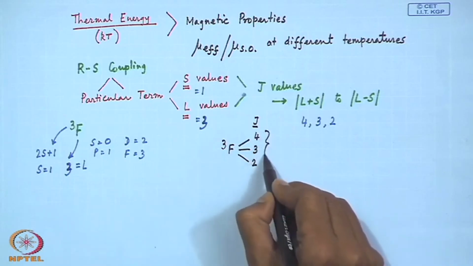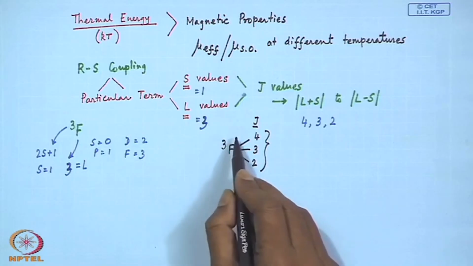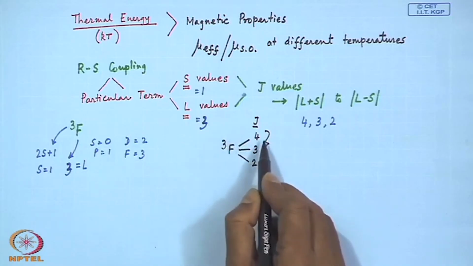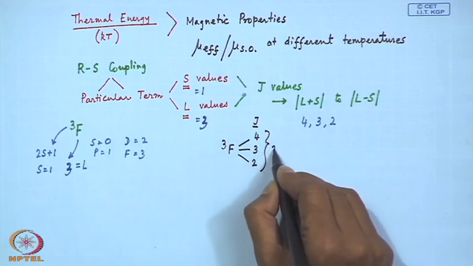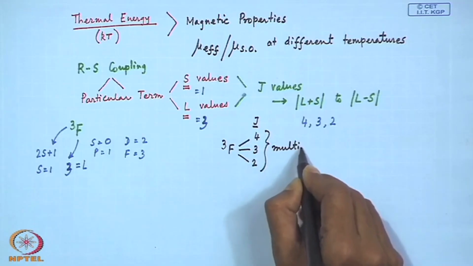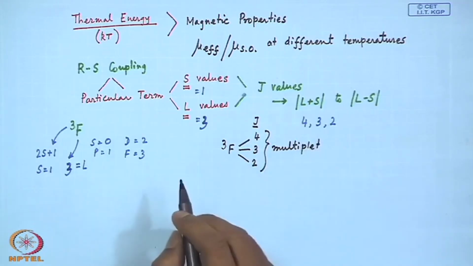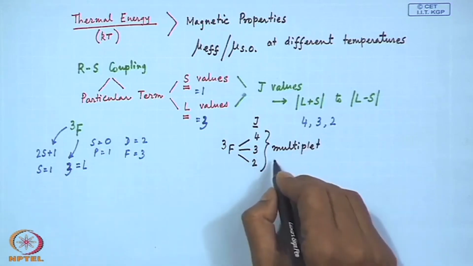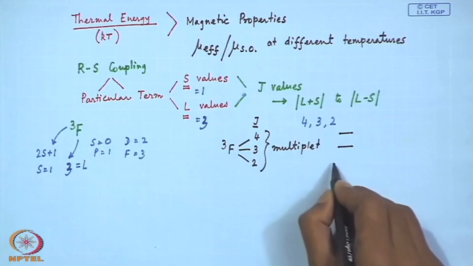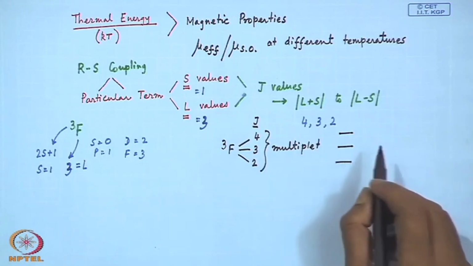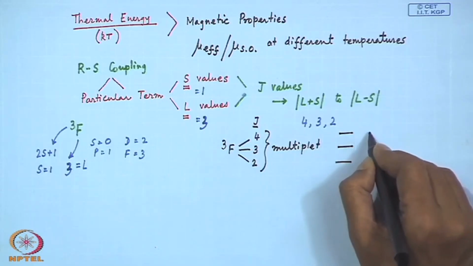When these 3 levels belong to this 3F term and there is no such splitting, we consider this as a multiplet. Each of these states, J equal to 4, J equal to 3 and J equal to 2, corresponds to a particular energy.